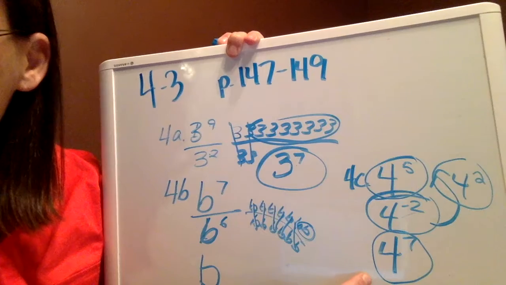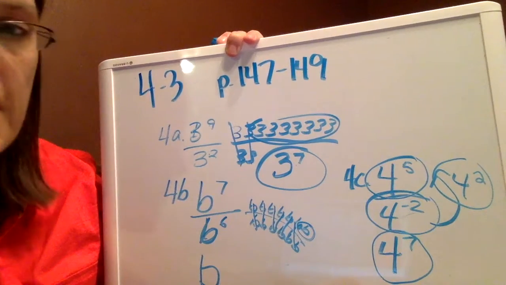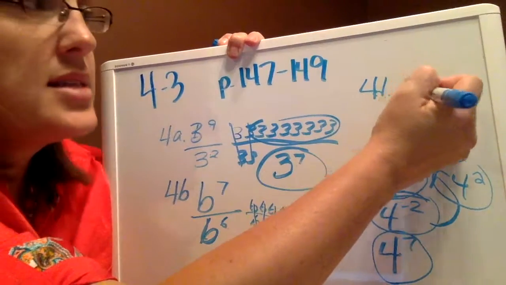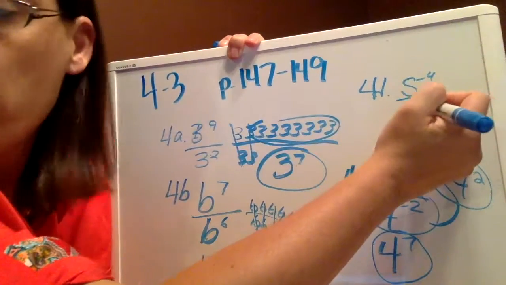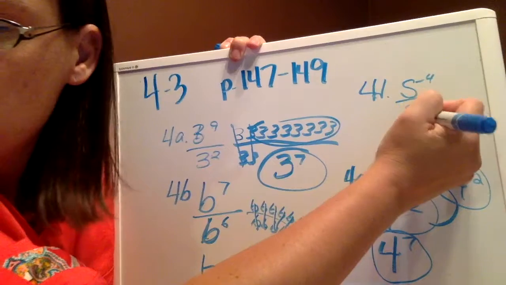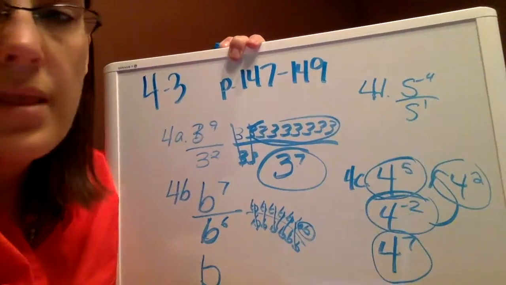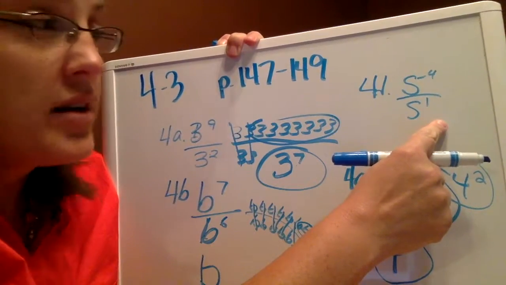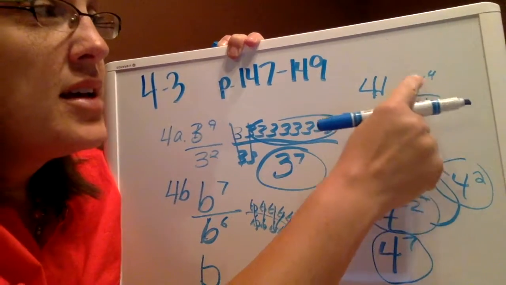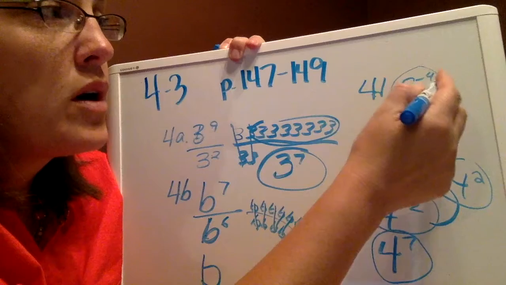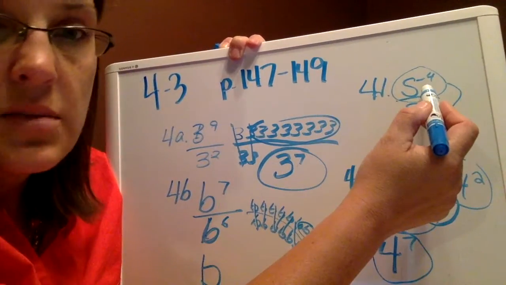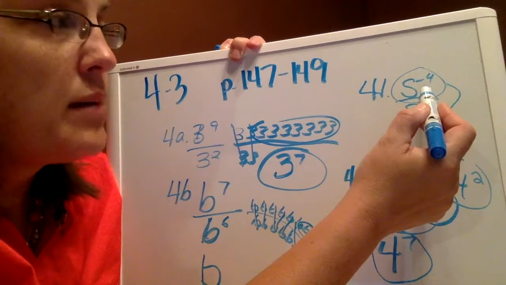Okay, so let's see here, 4D. 4D is s to the negative 4th over s to the 1st power. Okay, s to the 1st power is just fine down here in the denominator hanging out. These 4, though, are going to join him down there because negative exponents move and become positive.